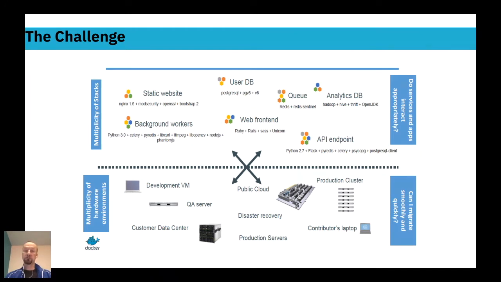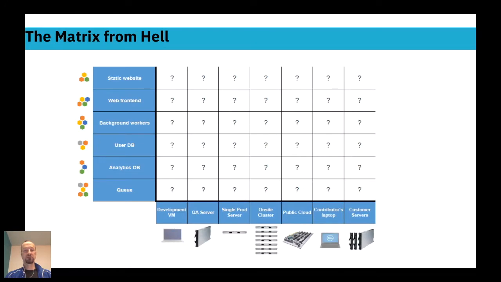And nowadays you want to leverage the resources coming from the cloud. So you rely on your internal systems, and you want to leverage the cloud. There are a lot of things happening, and you would like to move your system, your application, between various environments. So comes the matrix from hell.